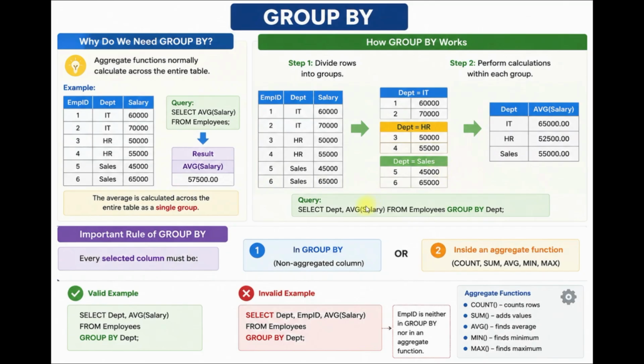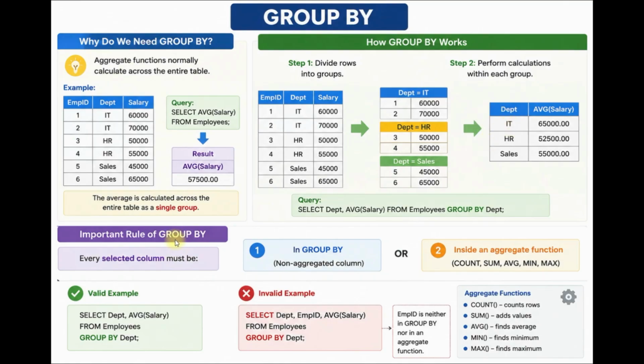So the average works on the groups, not on the whole table. This is how group by works, and it generally works with aggregate functions, where you calculate averages, count, minimum, maximum, whatever we saw in the previous video.